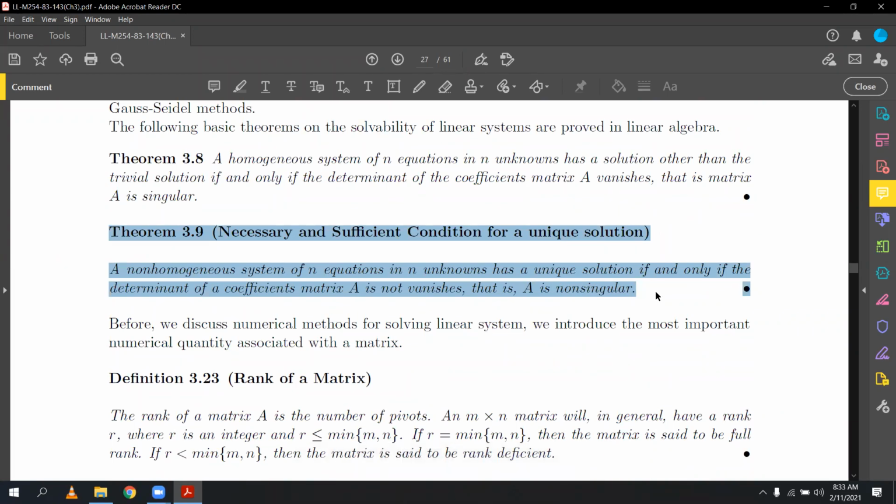And what is it? A non-homogeneous system of n equations in n unknowns has a unique solution if and only if the determinant of the coefficient matrix does not vanish. Vanishes means equal to 0. And when your determinant is not 0, we call it non-singular.